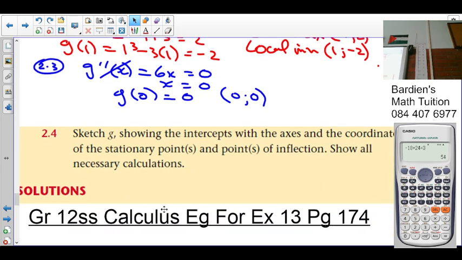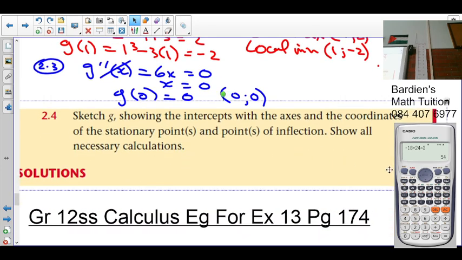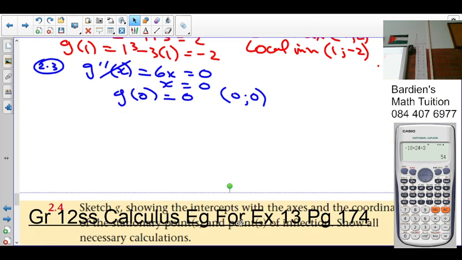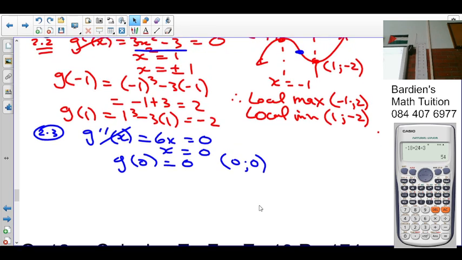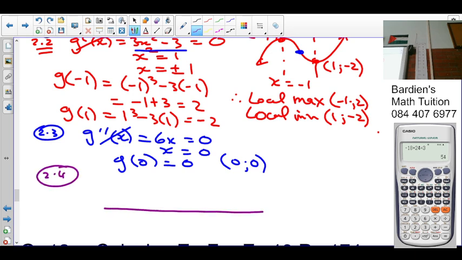And the next question says sketch the graph of g. So let's sketch this graph quickly. The point of inflection happens there, which is at the origin.